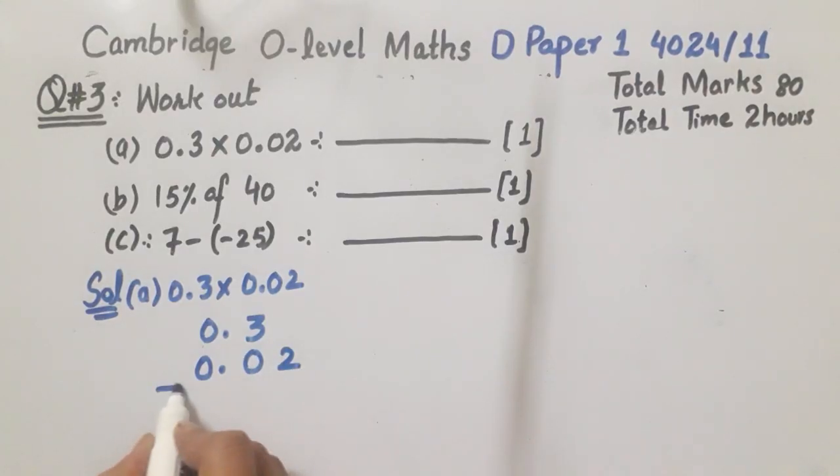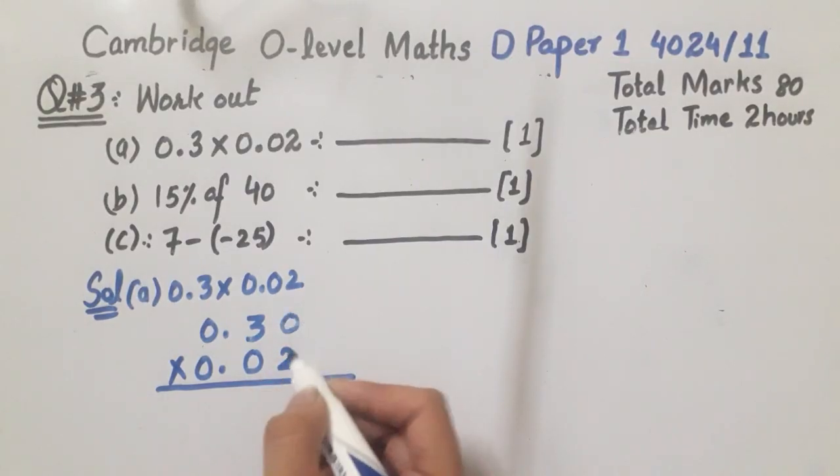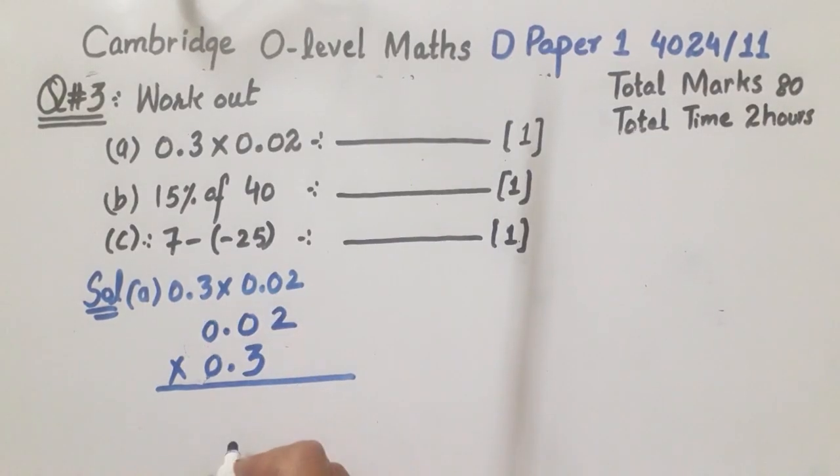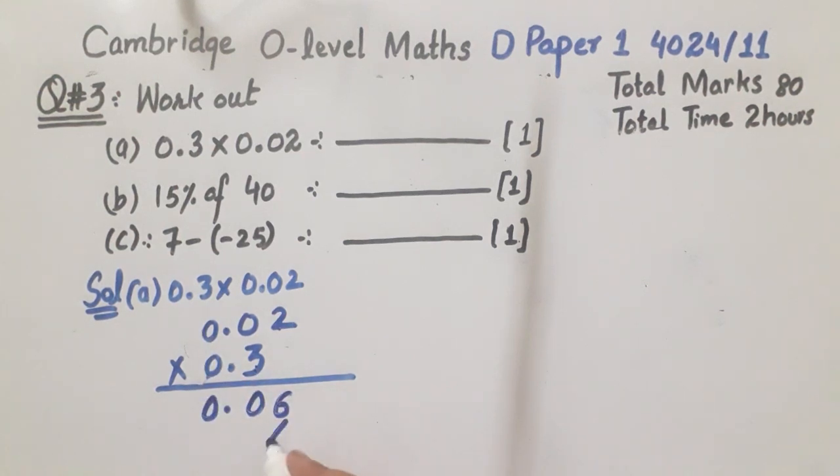0.02. Multiply this. So write 0. Now first of all multiply 3 into 2, which gives you 6. 3 into 0 is 0 and 3 into 0 is 0. Now you will write 0, 0 and 0 after multiplying 0 by this.